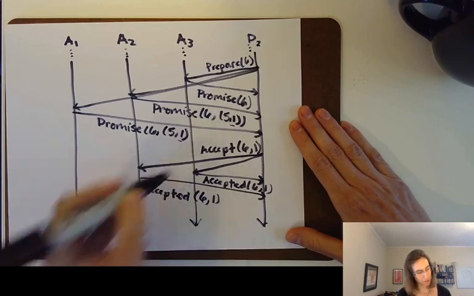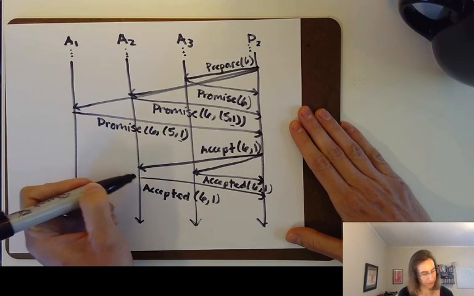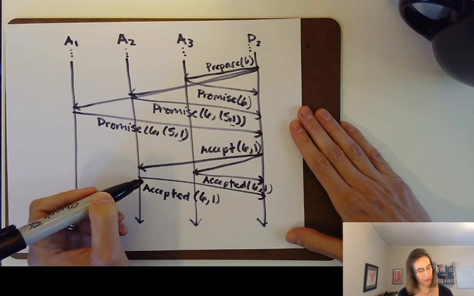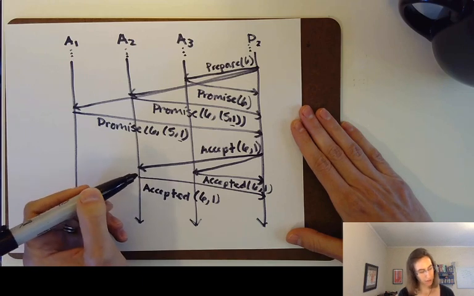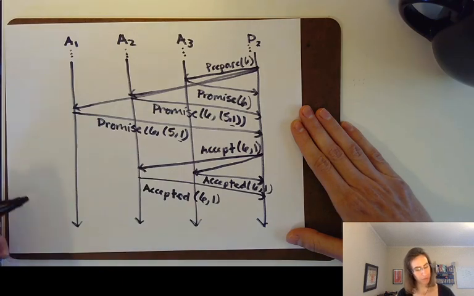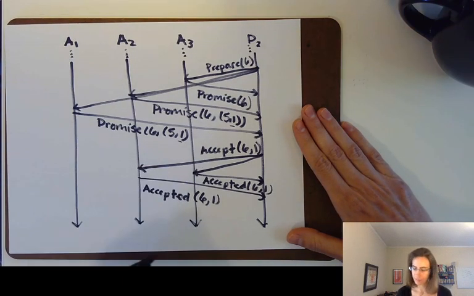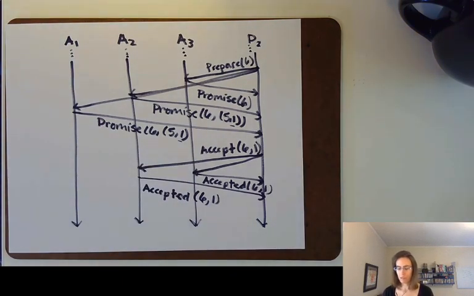So notice that A3 and A2 have the same behavior here, even though A2, we're saying, had these earlier interactions with P1 and A3 didn't.